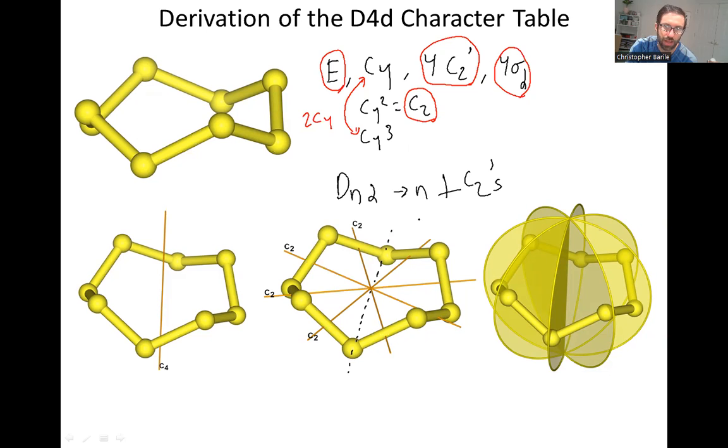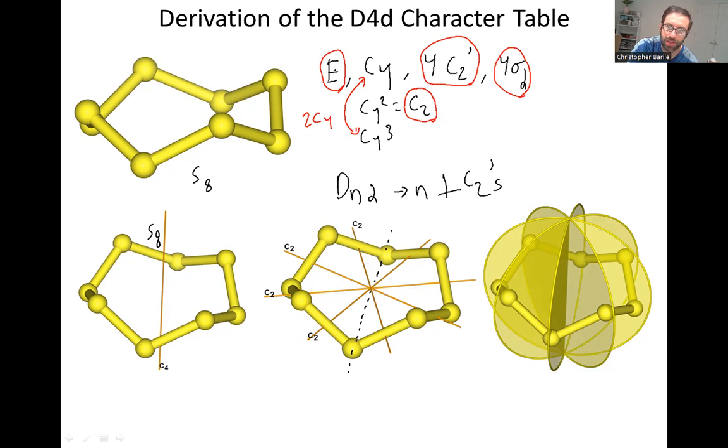Those are the main operations, but there's one other type that we're missing, which is the improper rotation axis. In this case, this is actually going to be an S8. We actually have an S8 that's coincident with the C4. It's a little tricky to see, but remember what an improper rotation axis is.